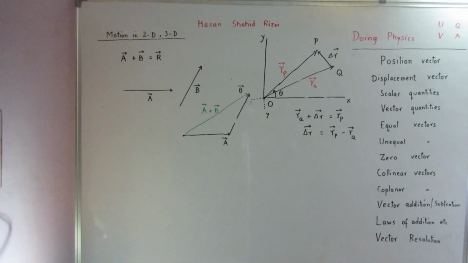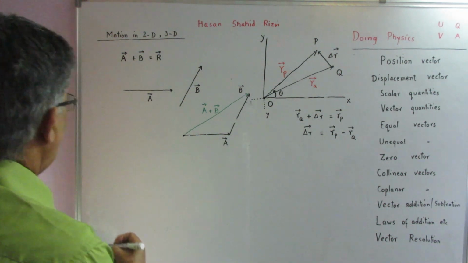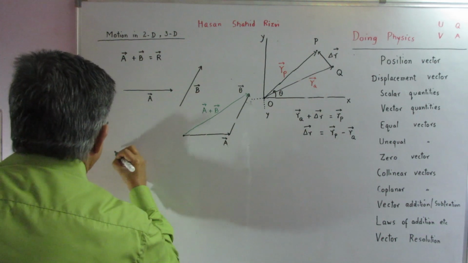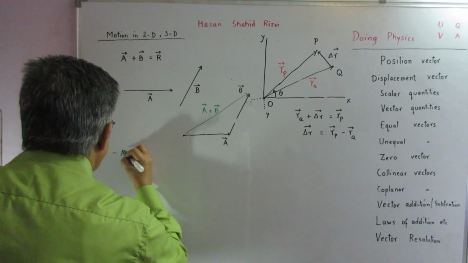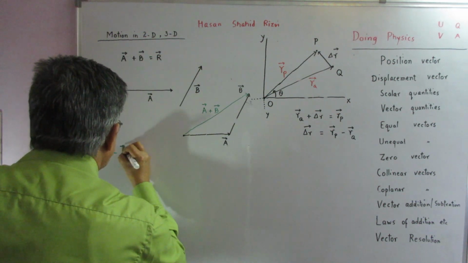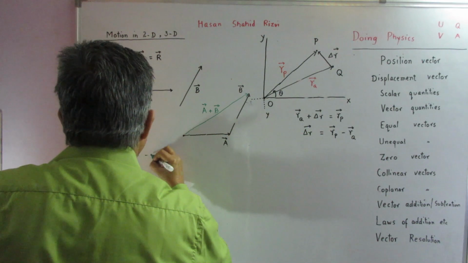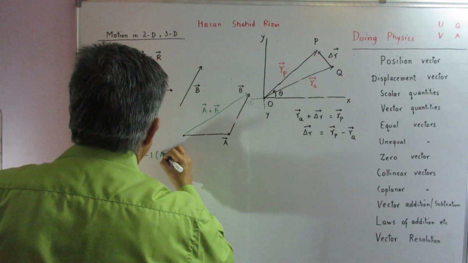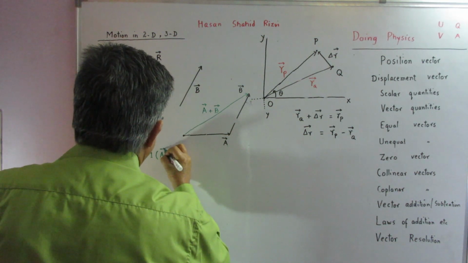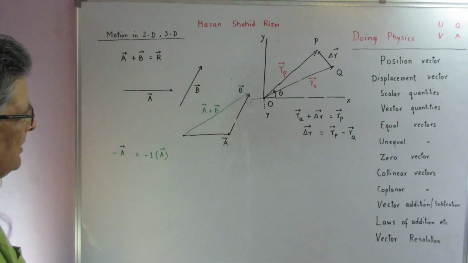Now let me introduce to you the vector minus A. Any vector, what is vector minus A? This is equal to minus 1 times the vector A. So what is minus 1?